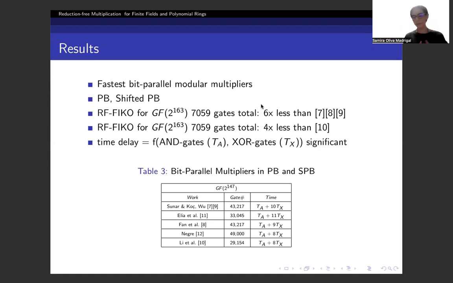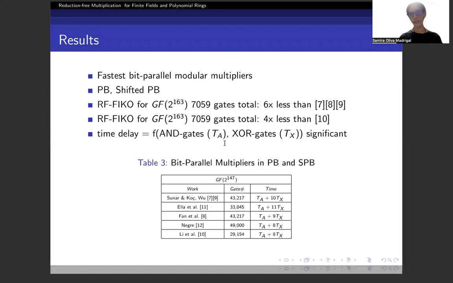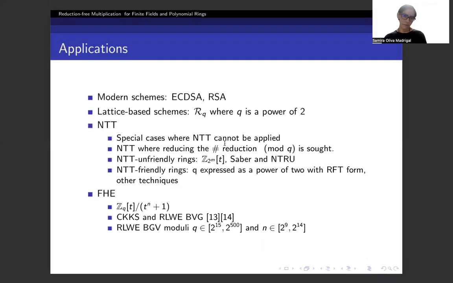And of course, we can estimate the time delay as a function of the signal propagation through all the AND and XOR gates, to follow something similar. Applications: clearly ECDSA and RSA, and lattice-based schemes where the polynomial ring has Q a power of 2.